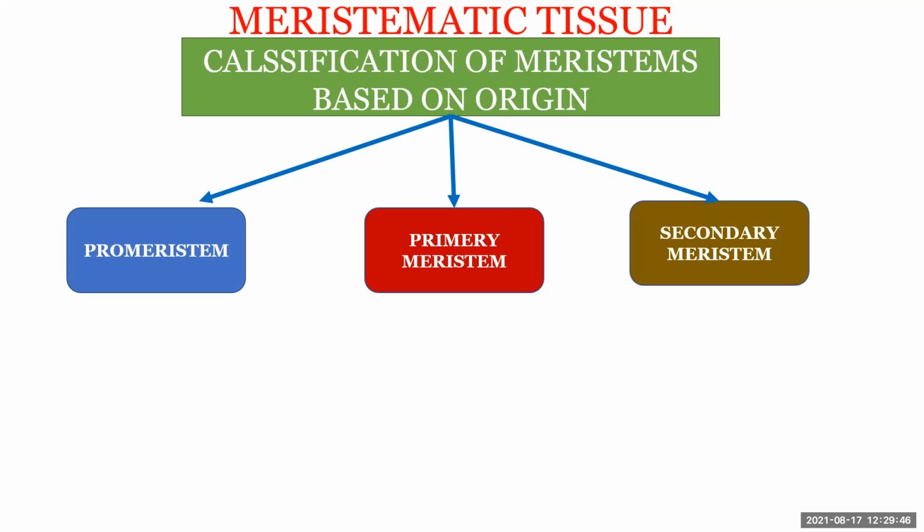Promeristem, primary meristem, and secondary meristem are the 3 types of meristems classified on the basis of origin or development. So let us see the first one, that is promeristem.